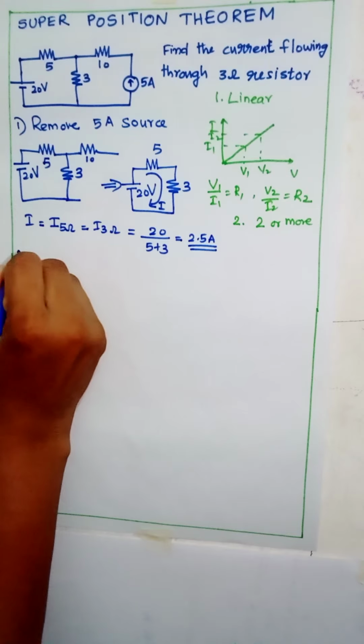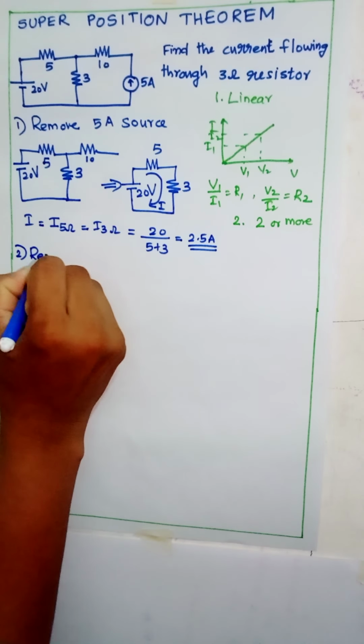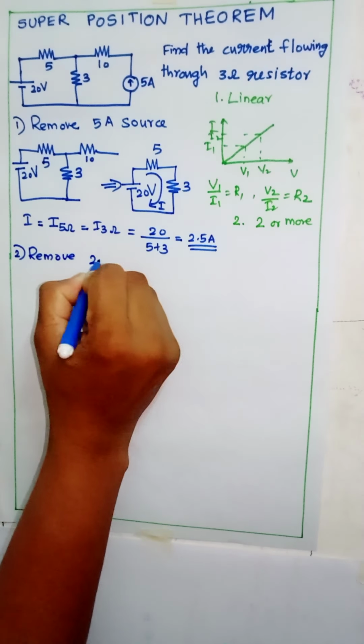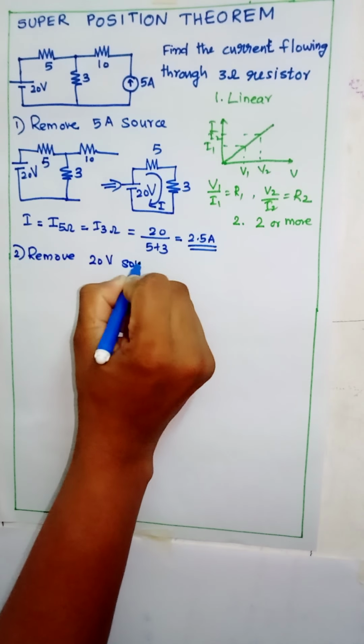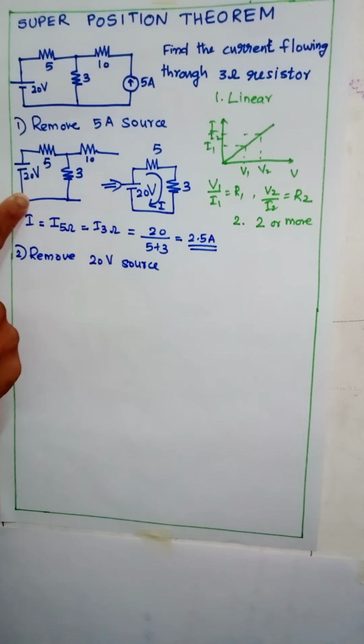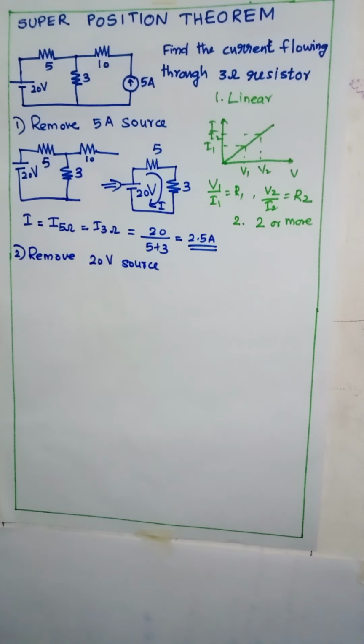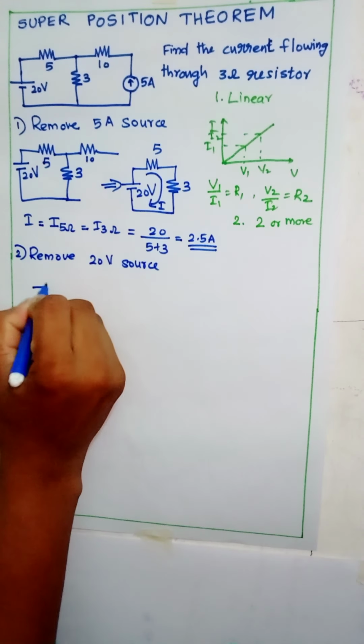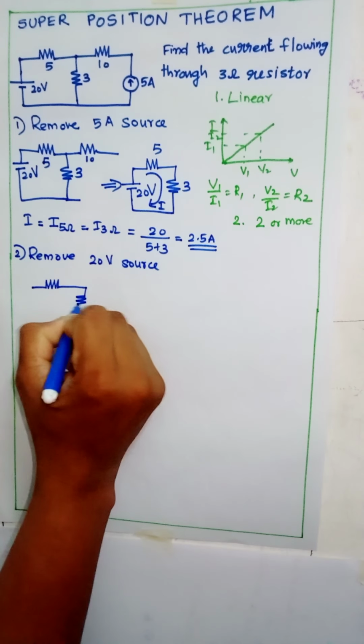And the second step is to remove the 20 volt source. If we are removing a voltage source, we are short circuiting that terminal. So the circuit will be like this.